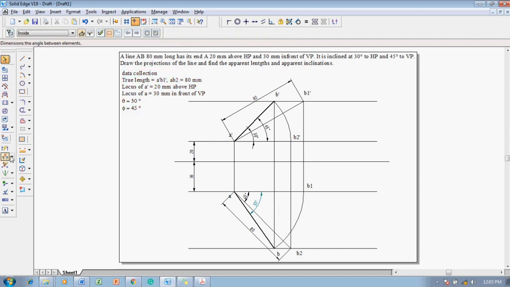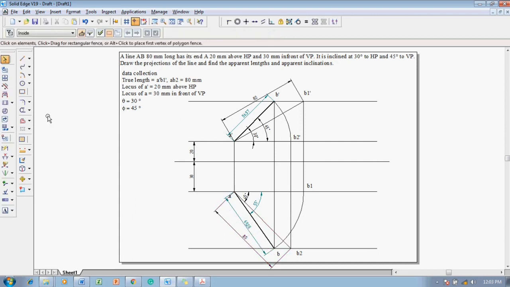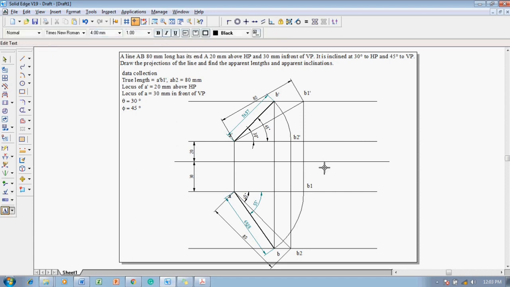Next, in addition to that, we are also supposed to measure two more dimensions, for which go to the smart dimension command. Just click on the A dash B dash line as well as the AB line. These are the required dimensions that we are supposed to measure. Then using the text command, let us write the front view length.